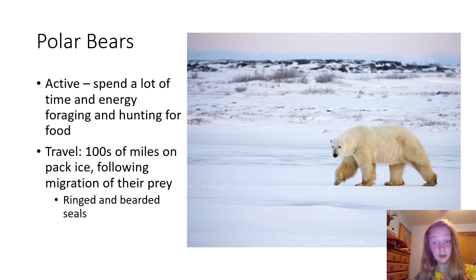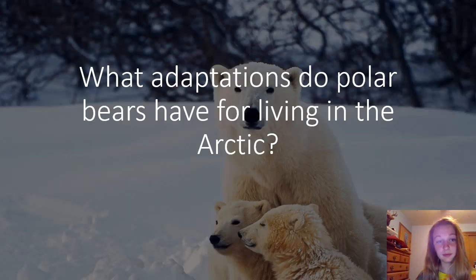They're big animals, so they need to eat a lot to sustain themselves. In hunting for their food, they can travel thousands of miles on that ice, and they usually have to follow the migrations of their prey. Their favorite meal is ringed and bearded seals.